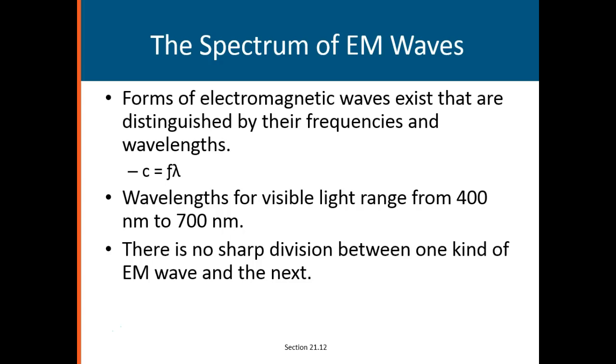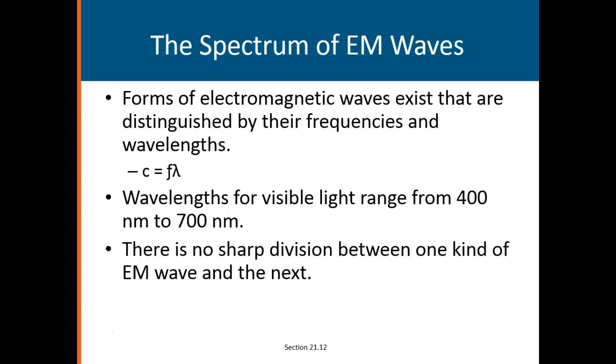Wavelengths for visible light range from 400 nanometers to 700 nanometers, which then would give you what the frequencies range. There is no sharp division between one kind of electromagnetic wave and the next. It's not like all of a sudden this was an X-ray, but then it became an ultraviolet ray. No. It's a very gradual spectrum, and they move very gradually from one to another.